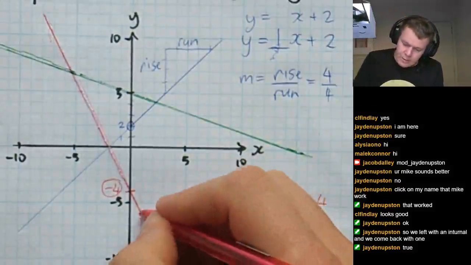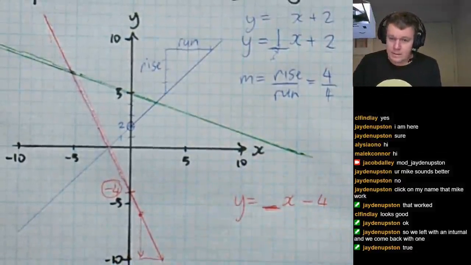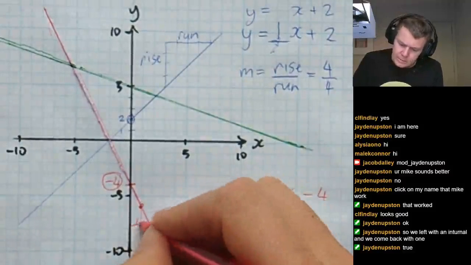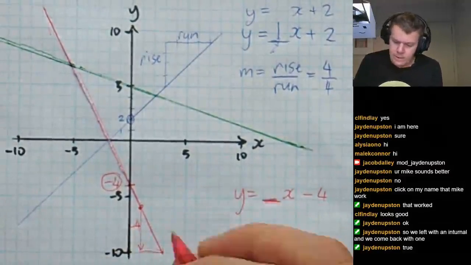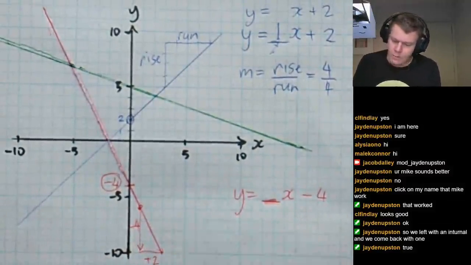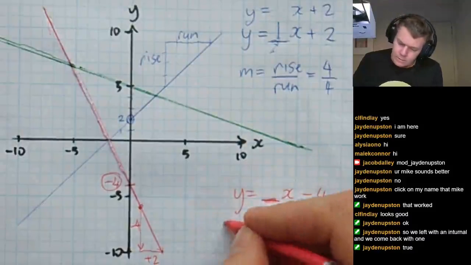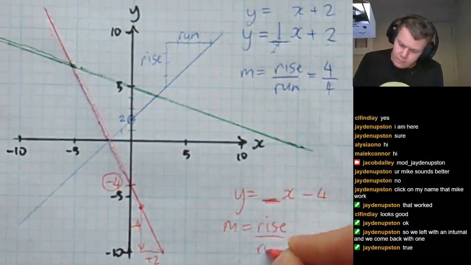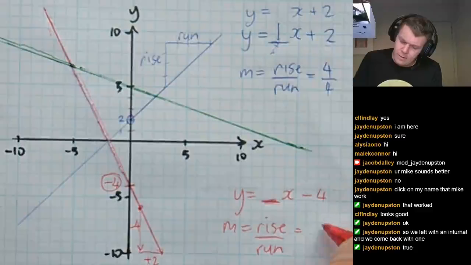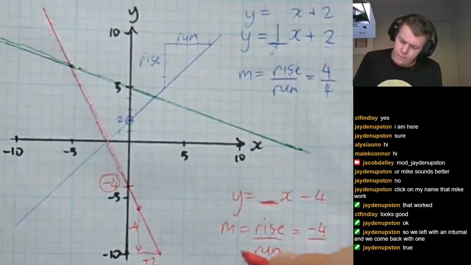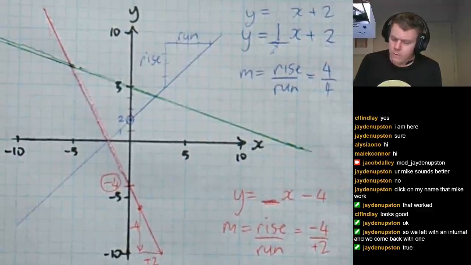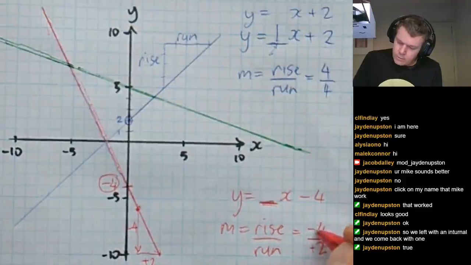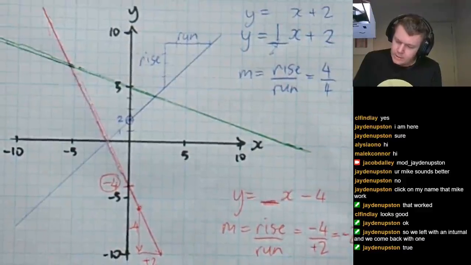If we started here, we're going down. Down is negative, so we've gone down -4, and then we've gone across +2. So our rise over run in this case is -4 over +2, which equates to -4 divided by 2, which is -2.